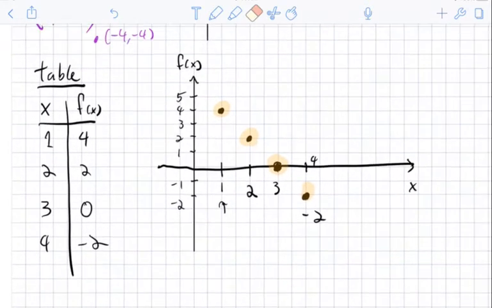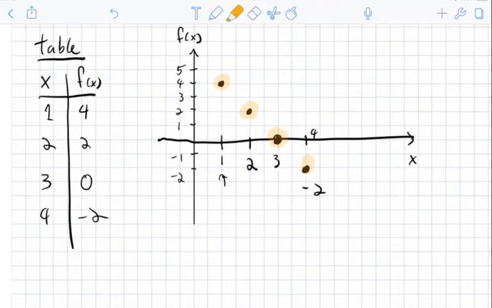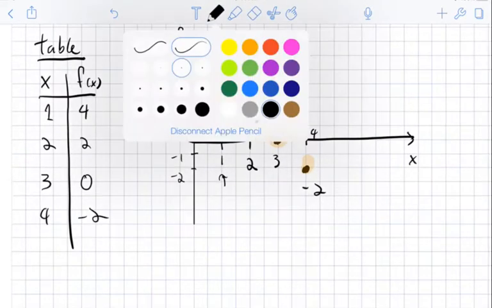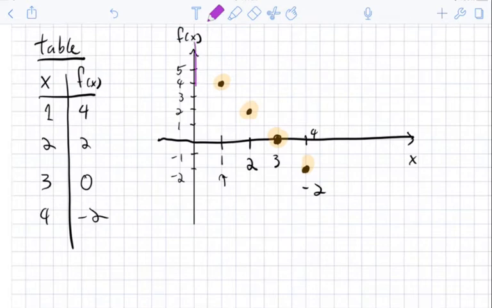The output of this function, graphically, has been overlaid on the Cartesian plane. In other words, we're putting this on an x, y coordinate plane. Each of these points representing the solution of the function is at a coordinate location. The x-coordinate of this location is 1, and the y-coordinate is 4. The x-coordinate of this location is 2, and the y-coordinate is 2.